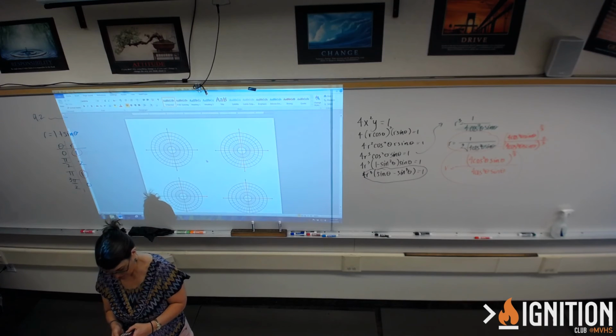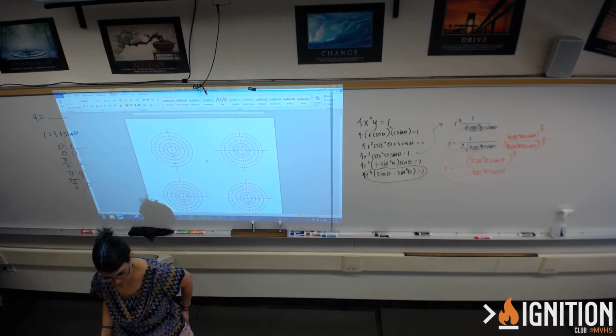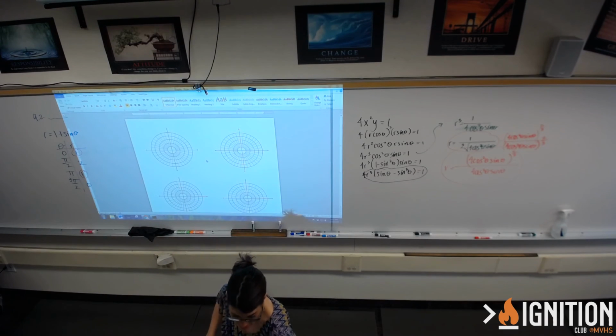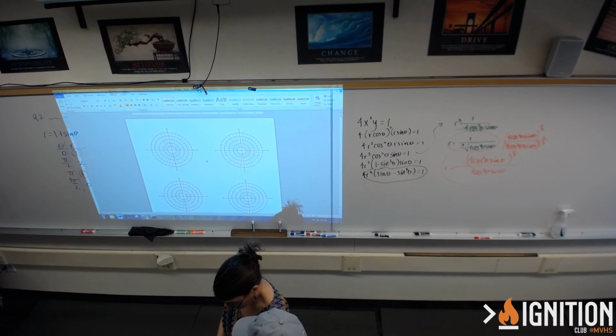It should look like a flattened jelly bean. That's because you have other things plugged in besides 1 plus sine theta. We'll talk about why it looks like a jelly bean.